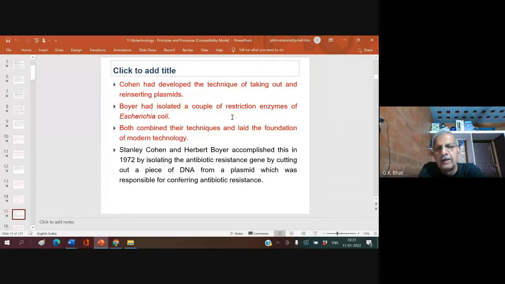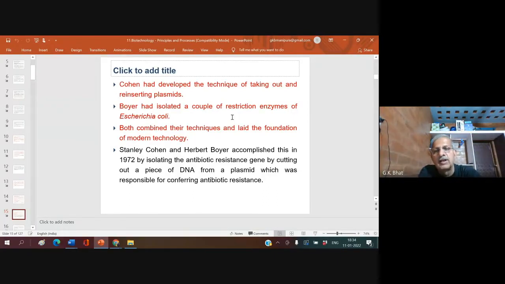Cohen had developed the technique of taking out and reinserting plasmid. Two scientists got involved. One scientist got expertise. What expertise did he get? He developed the technique of taking out the plasmid from one organism and reinserting the plasmid into another organism.